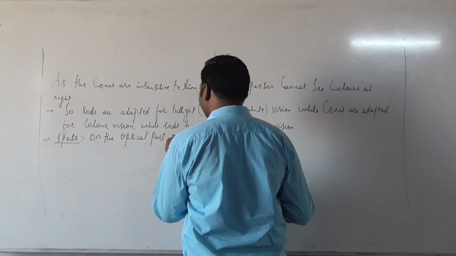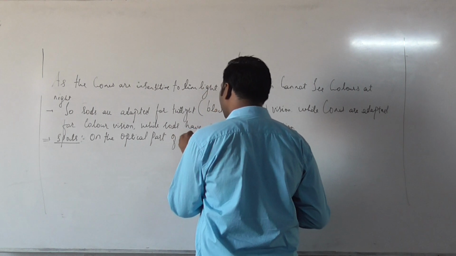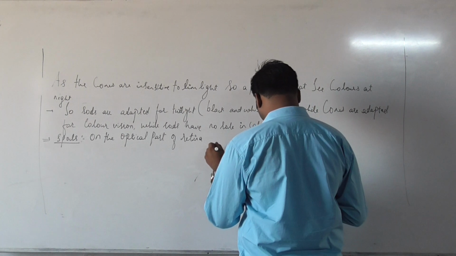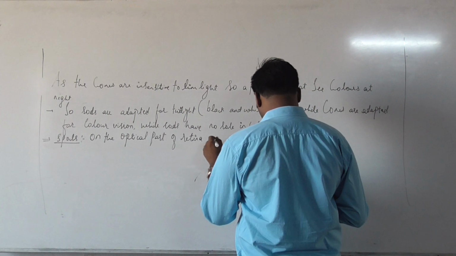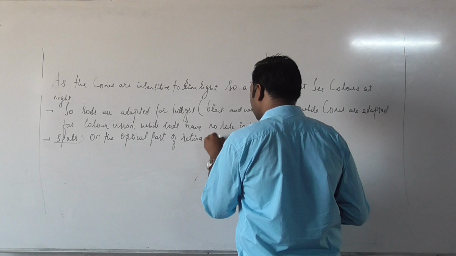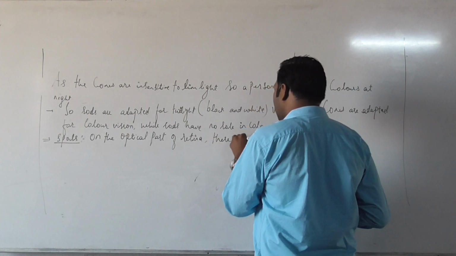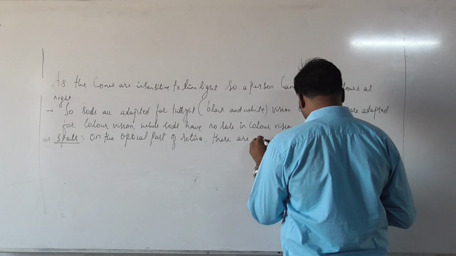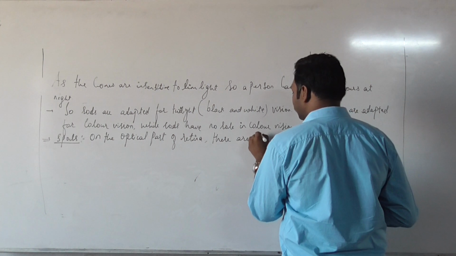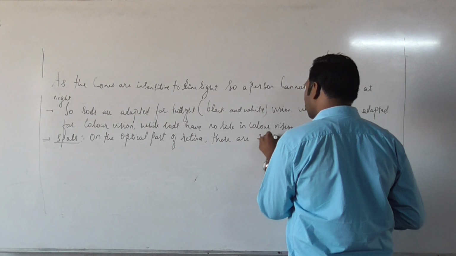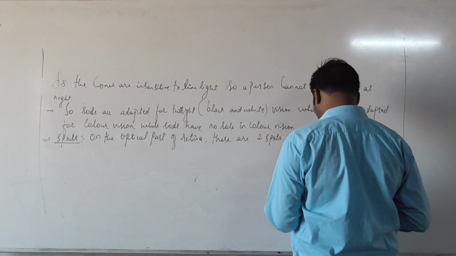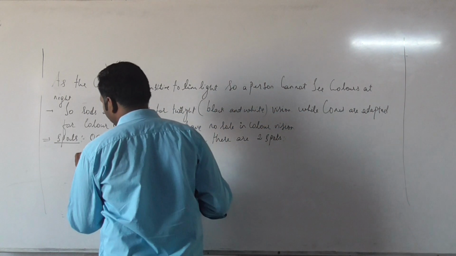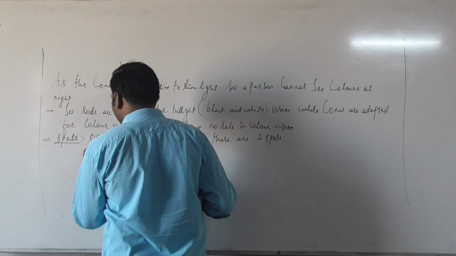On the optical part of retina, there are two spots present. Two spots. And these spots are, number one, the blind spot.